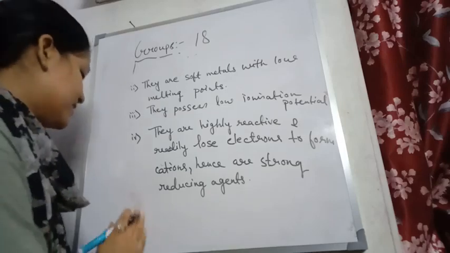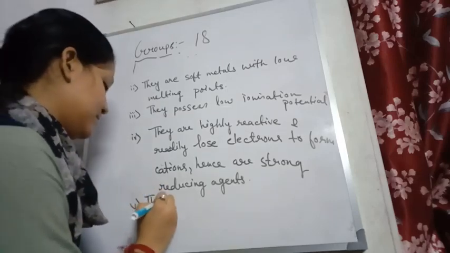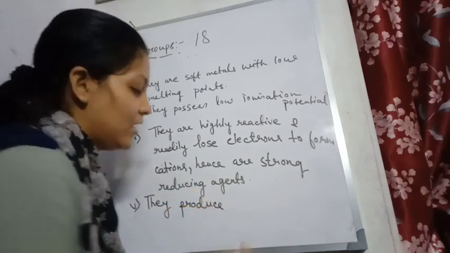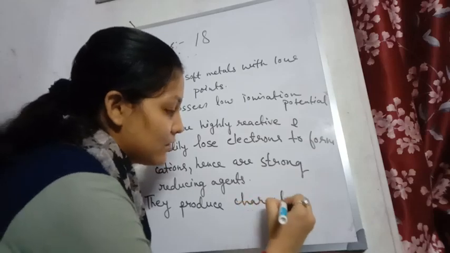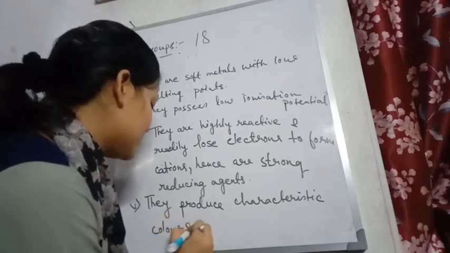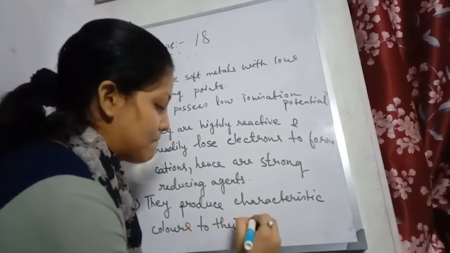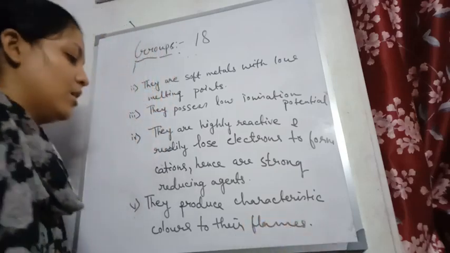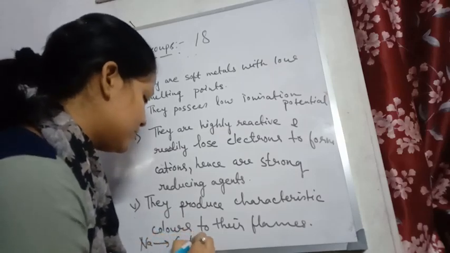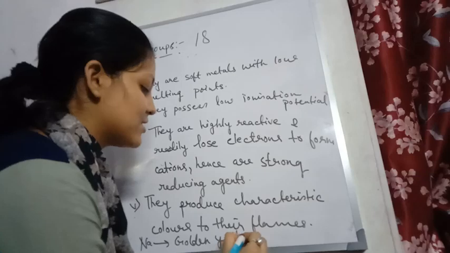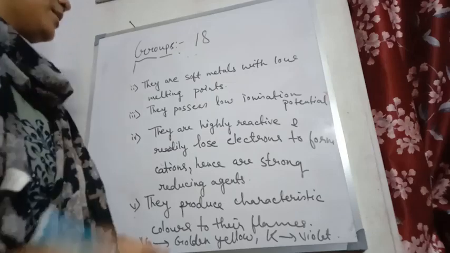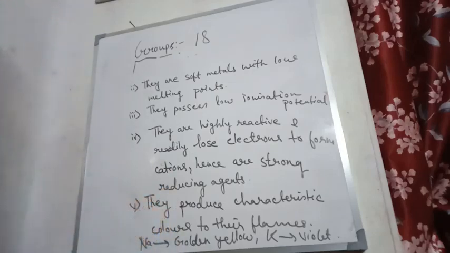The last property: they produce characteristic colors in their flames. For example, sodium flame color is golden yellow, potassium violet, etc. So these are the features of s block elements.